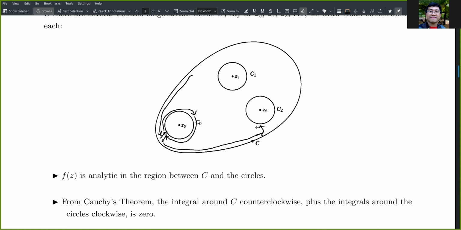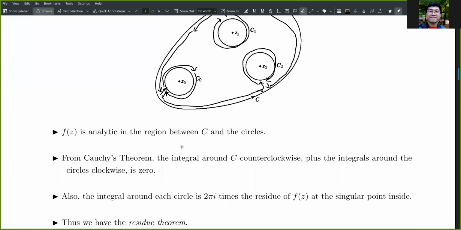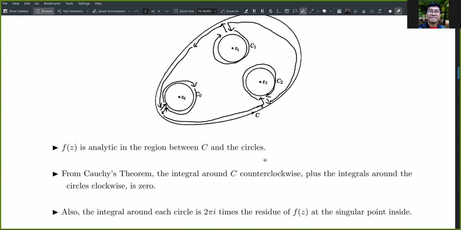We make a cut here again, go around, and another cut here, then continue along C. From here we make another cut, go around z1 clockwise, then go back along that cut and return to the original position. So in this region, excluding the circles, the integral is 0. So the integral around each circle is 2 pi i times the residue.